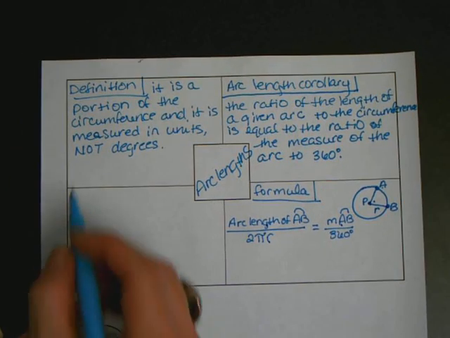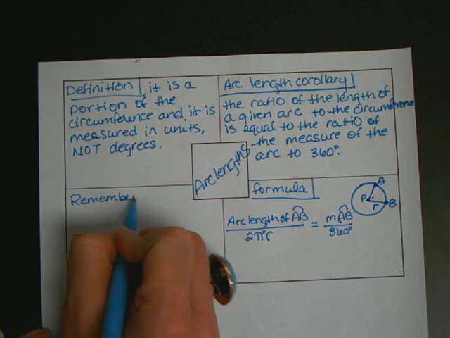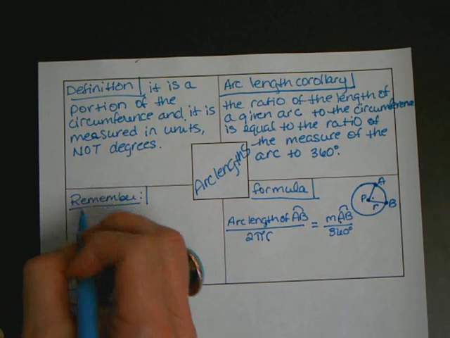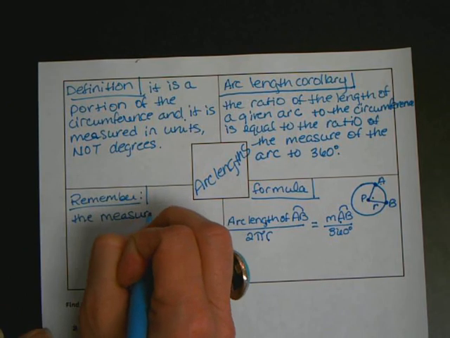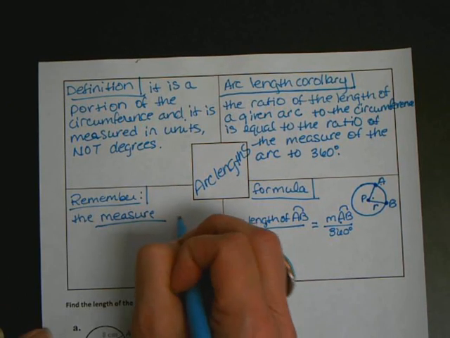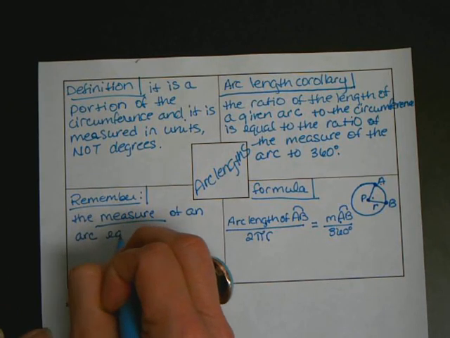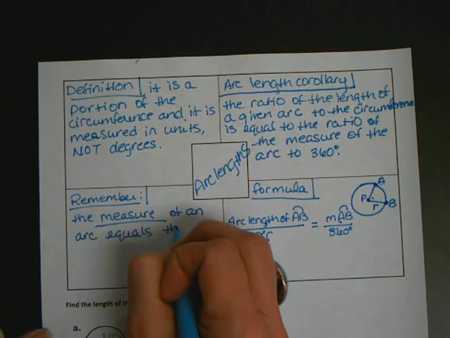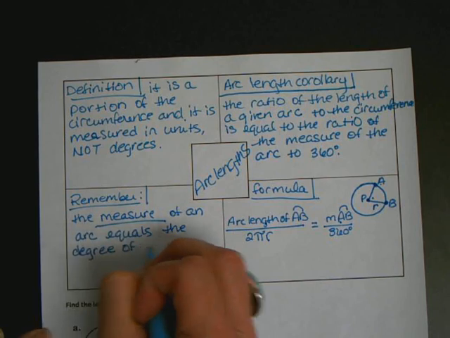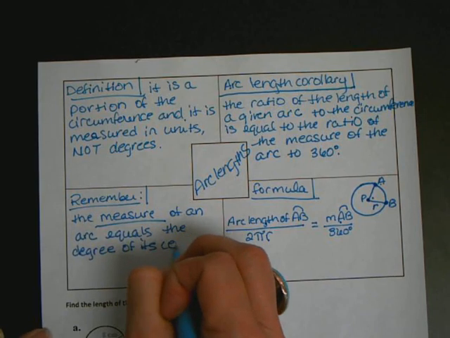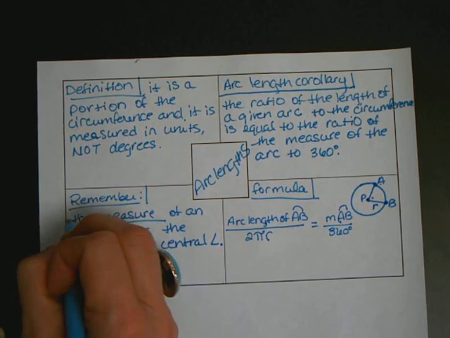So we're going to do a practice problem. But first, I want you to remember, this is very important. The measure of an arc equals the degree of its central angle. That's one note.